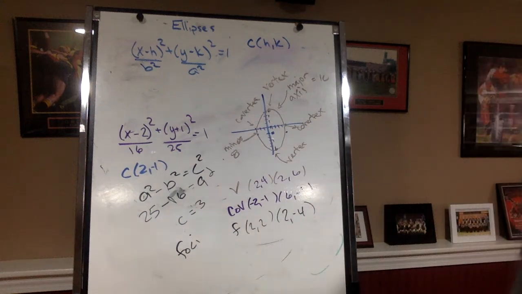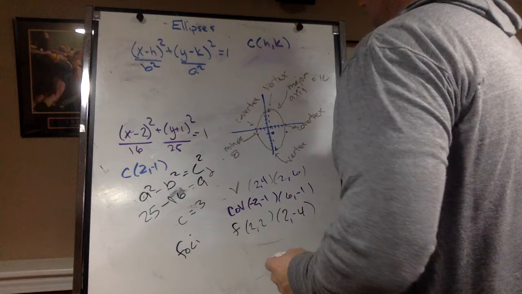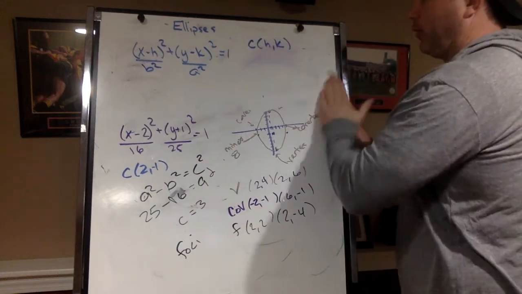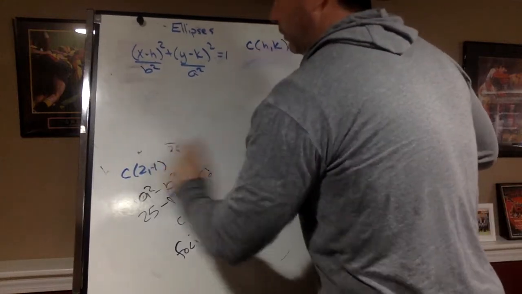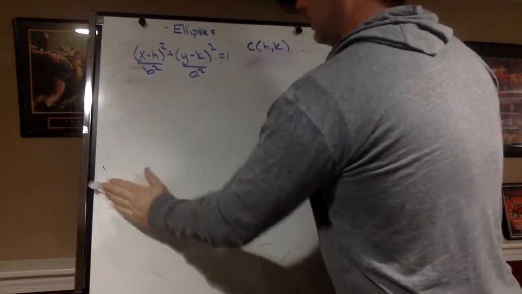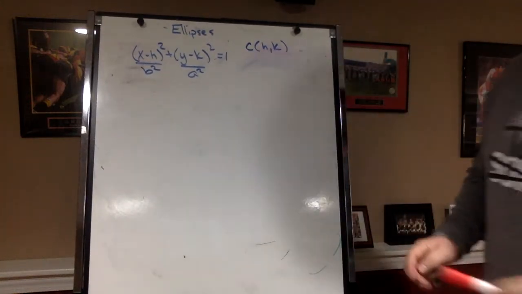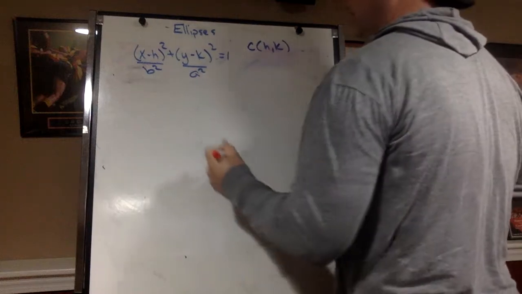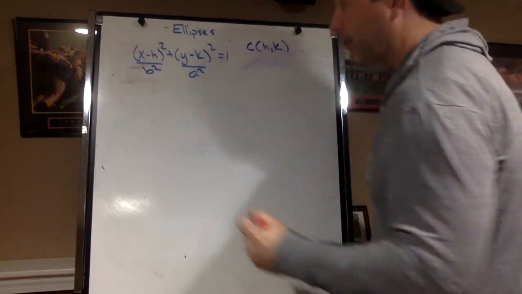Let's try one more, and we'll go the other direction. So we had this was a vertical ellipse. I know I'm talking fast. YouTube only gives me a limited amount of time. Remember, in order for this to be a horizontal ellipse, the other one was vertical, we need the larger number under the x's.